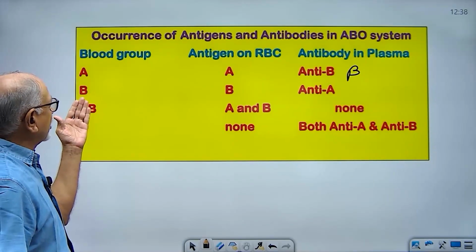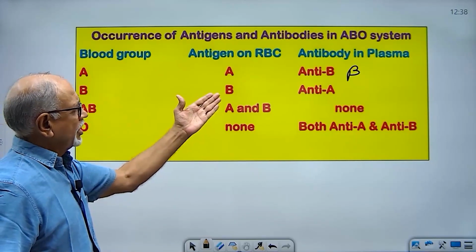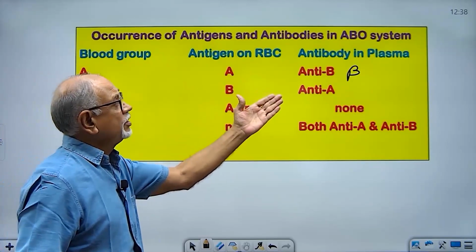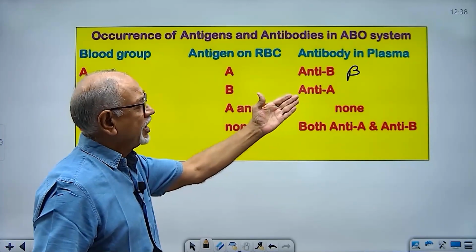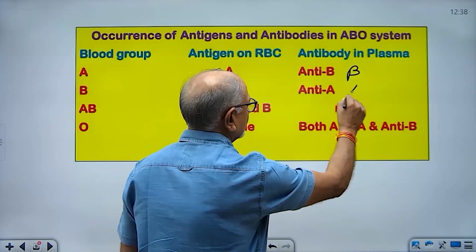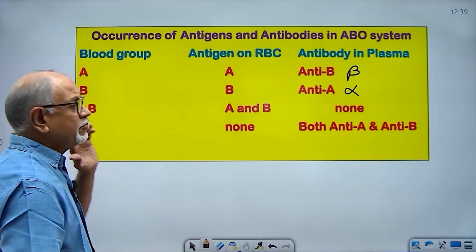In case of blood group B, RBC have antigen B and the plasma contains anti-A antibody, that is alpha antibody.